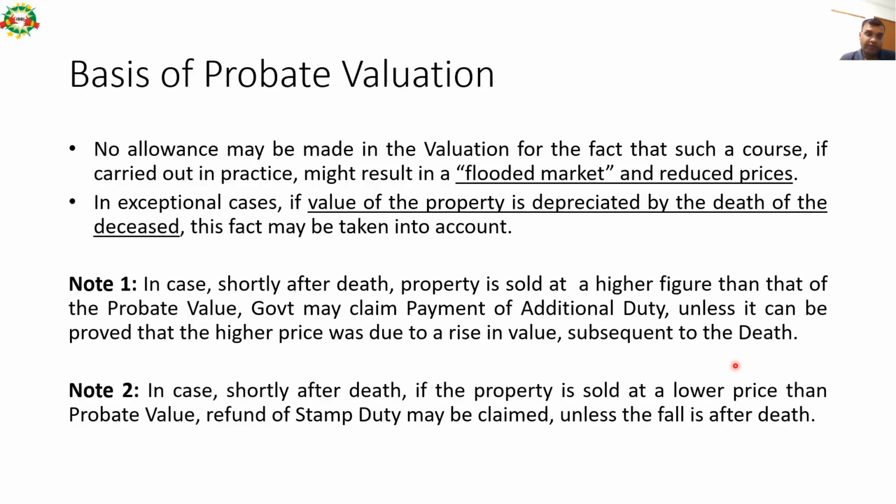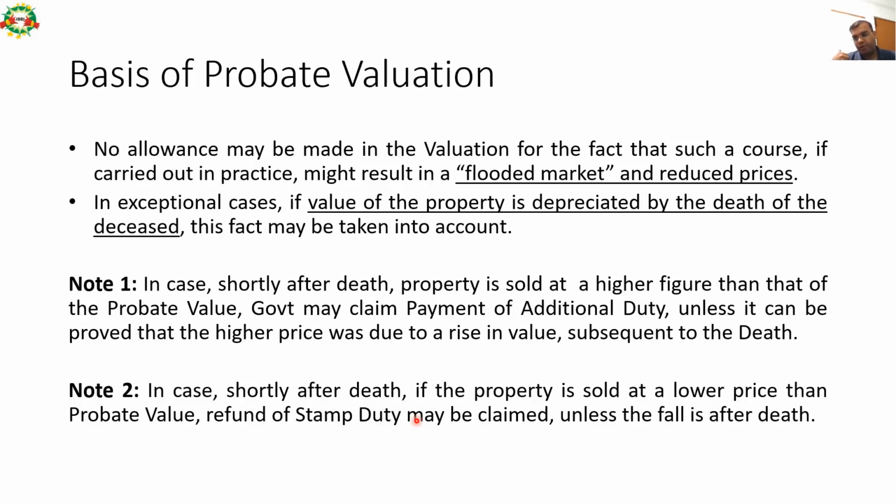However, if that increase is because of any factor which has happened after the death of the person, then you can justify your request to the government not to claim additional duty. Likewise, vice versa, in case shortly after death the property is sold at a lower price than probate value, refund of stamp duty may be claimed unless the fall is after death.